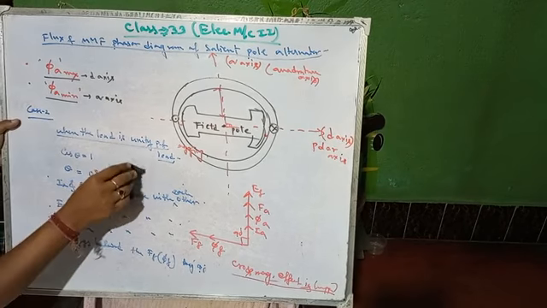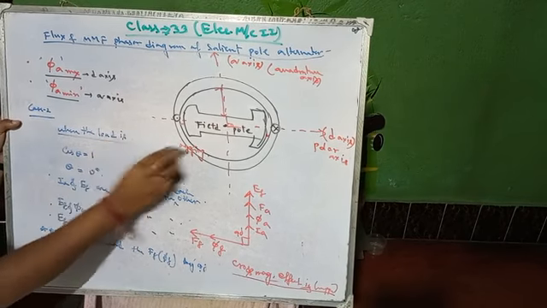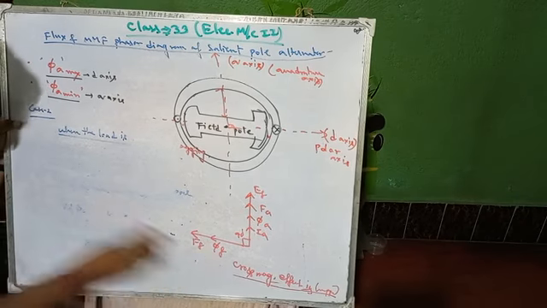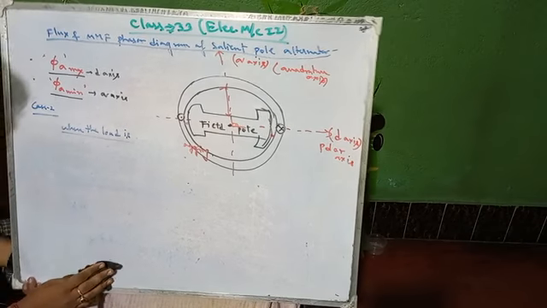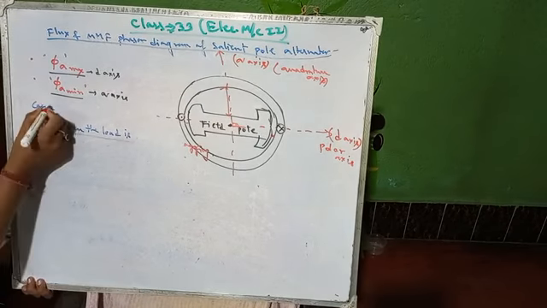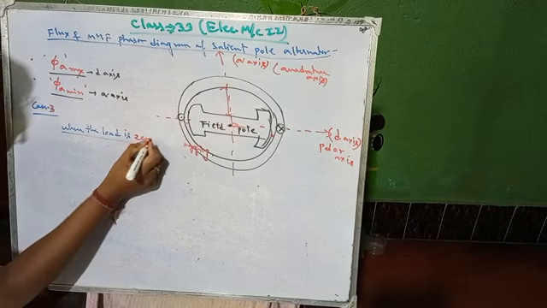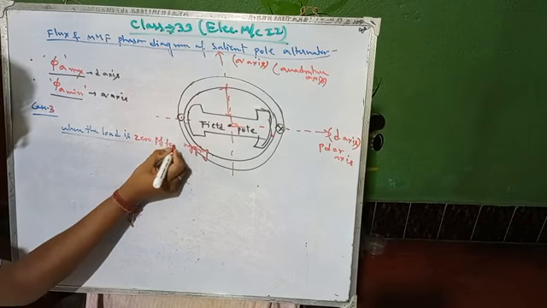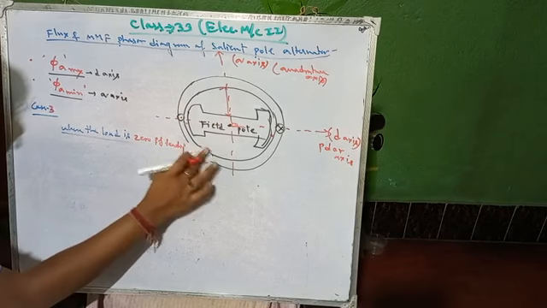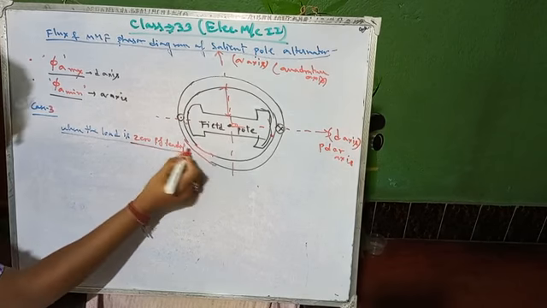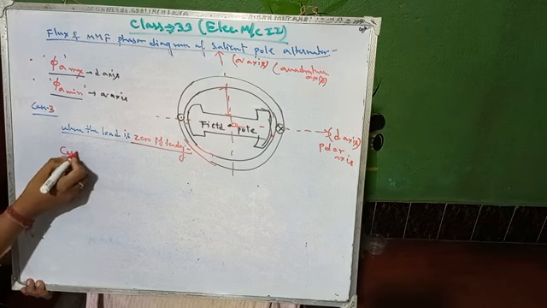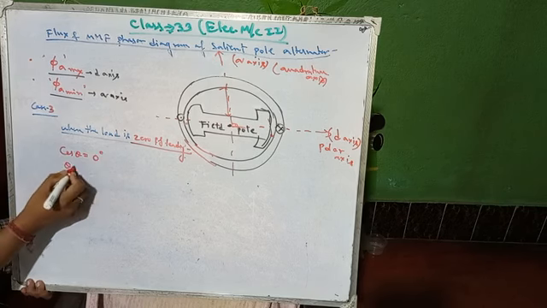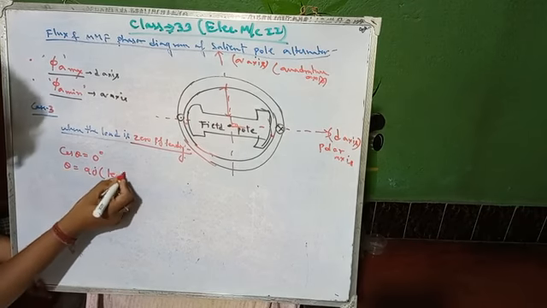Now I will move on to case number 3, when the load is zero power factor leading. For the zero power factor leading load, cos theta equals 0 but theta equals 90 degrees, and it is leading in nature.